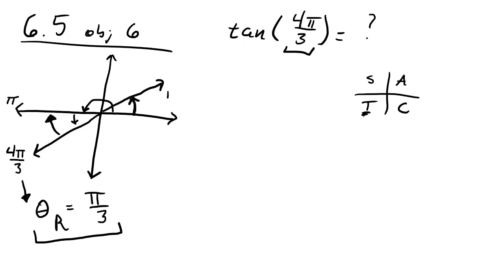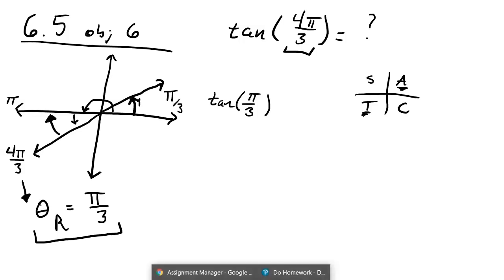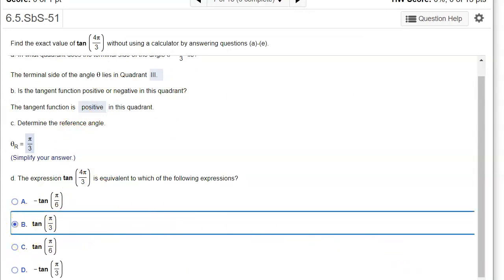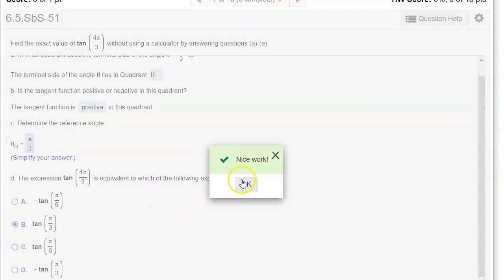If we were right here in the first quadrant at pi over 3, is tangent of pi over 3 going to be positive or negative? Well, in quadrant 1 we have that tangent is positive. So if the sign doesn't change and our reference angle doesn't change, then pi over 3 right here has the same reference angle as 4 pi over 3, and it should follow that tan of 4 pi over 3 is going to have the exact same answer as tangent of pi over 3. And that is correct.